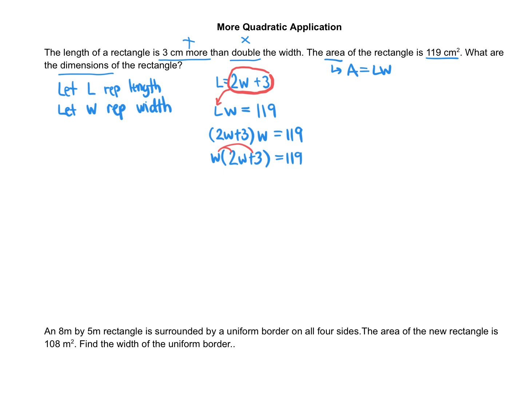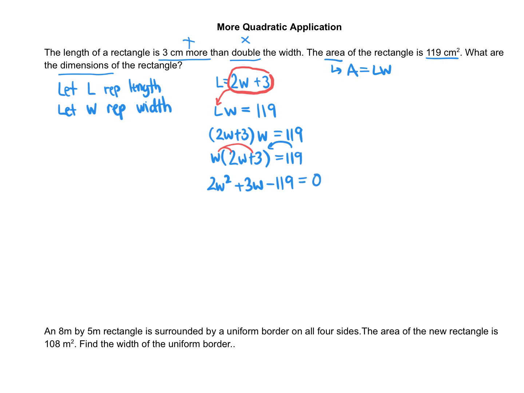And if I want to solve the equation, everything has to move over to one side, so I have to standardize it first, and then I can factor. So W times 2W is 2W squared, W times 3 is 3W, and I'm also going to bring the 119 over at the same time. It's now negative, and that equals 0.